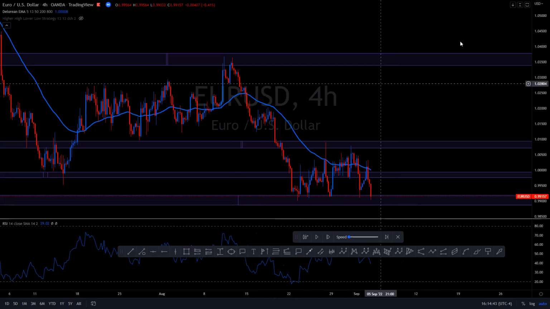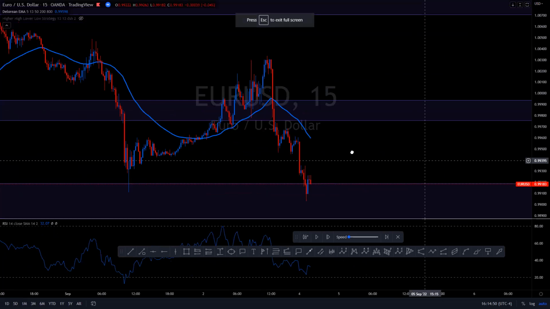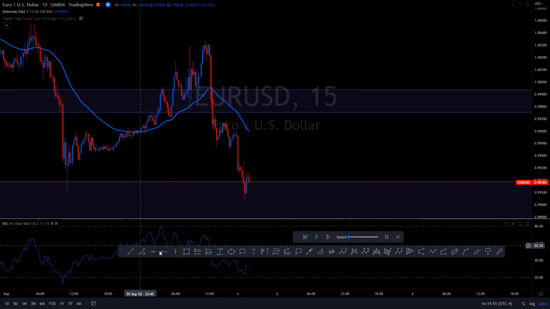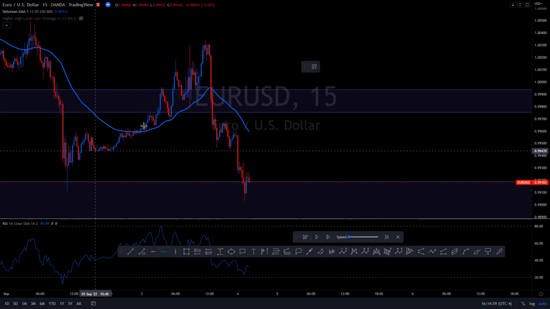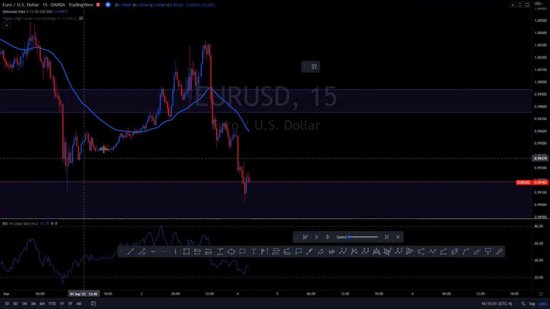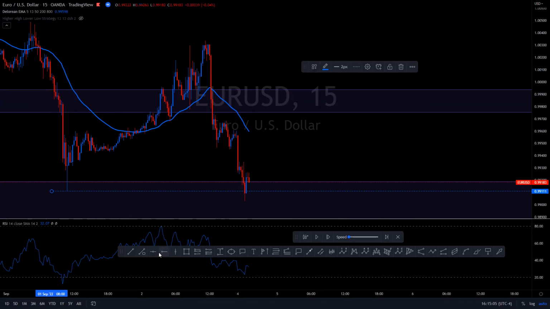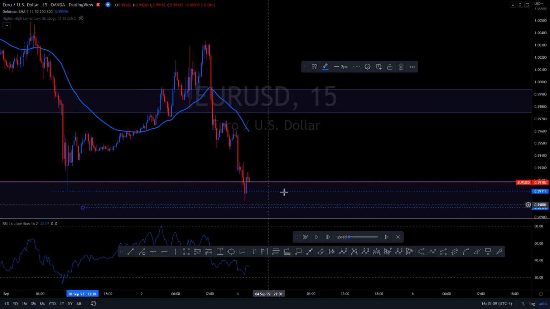So then when we go back to the 15-minute, see right here, it looks like this is a single candle demand zone here. And it broke this previous structure here by filling all that imbalance from this up move from here all the way down to here. So then I would be looking for another low to pop here.